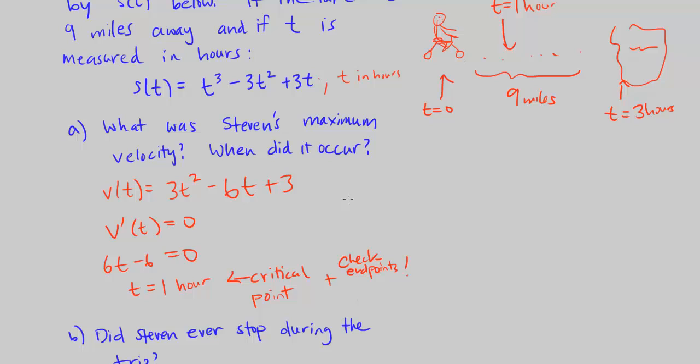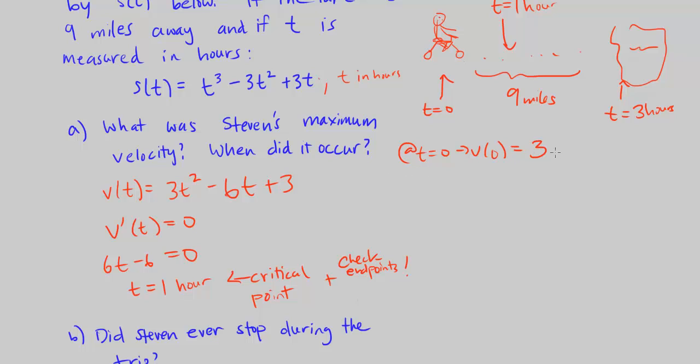So we have time is 0 hours, time is 1 hour, time is 3 hours. Those are our possible answers to when his maximum velocity occurs. So let's check. At time 0, what is the velocity? We plug 0 into this equation. We get 3 times 0 squared, which cancels, minus 0 cancels, plus 3.